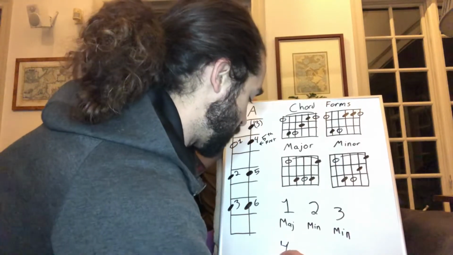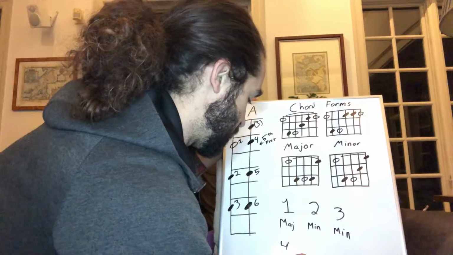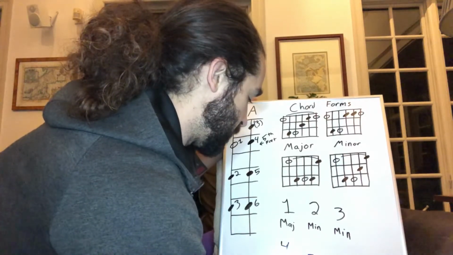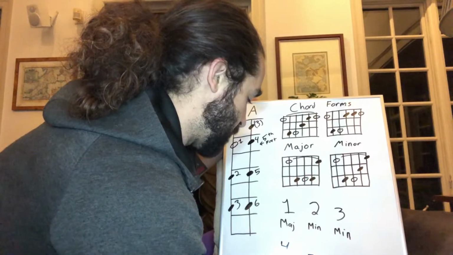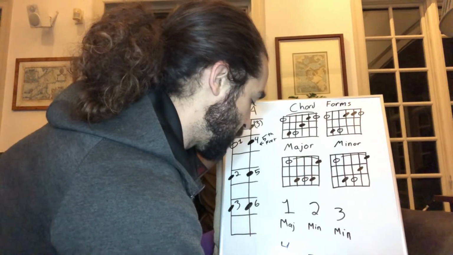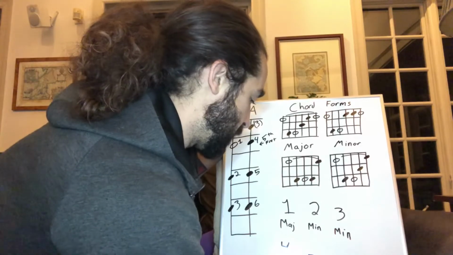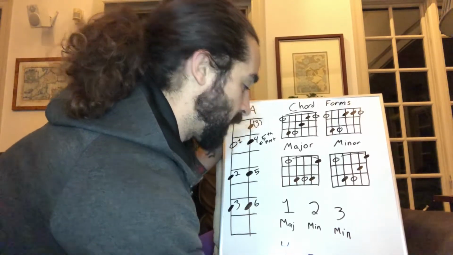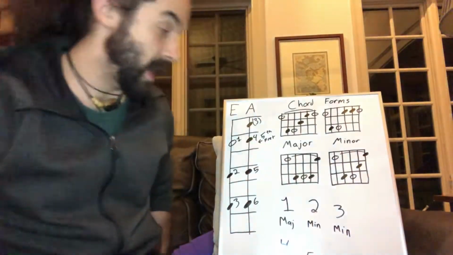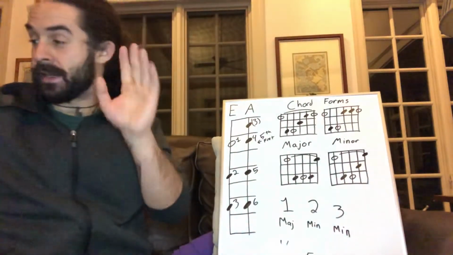My 4 chord is major. My 5 chord is major. And my 6 chord is minor. And if you guys notice, I'm leaving the 7 out right now, just because that has a diminished 5th in it, and it's barely used. We will get into that way later.